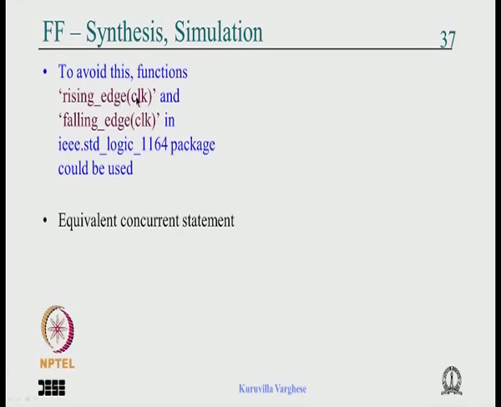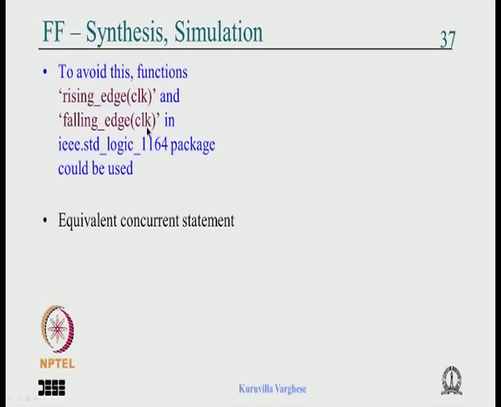This correctly returns a boolean true if there is a transition on clock from 0 to 1. Similarly, falling_edge will return true if there is a falling edge or negative edge transition on the clock.